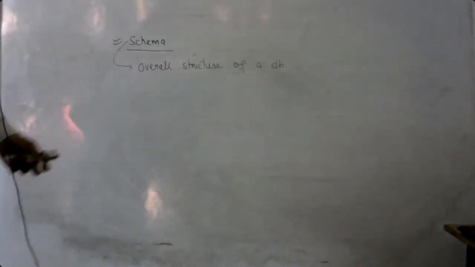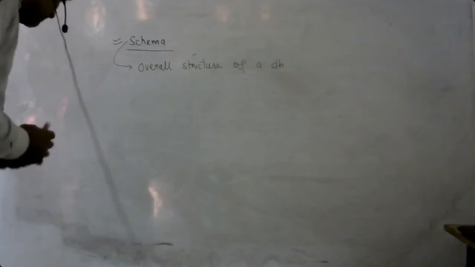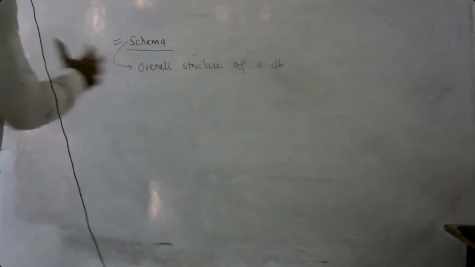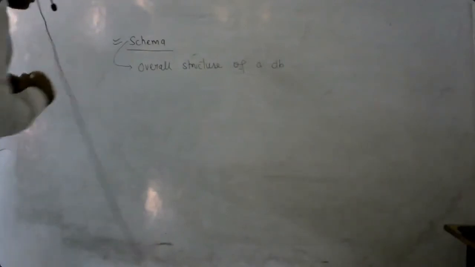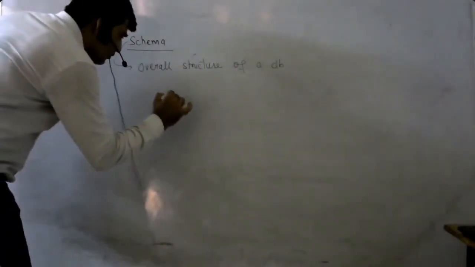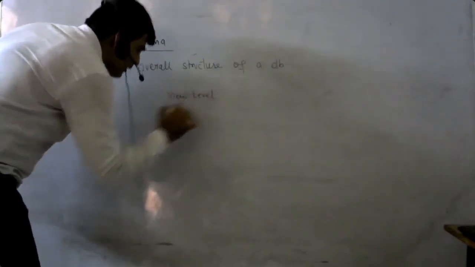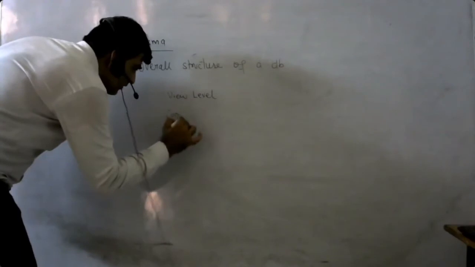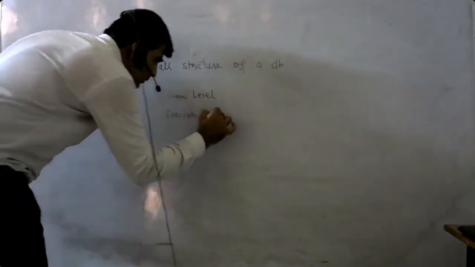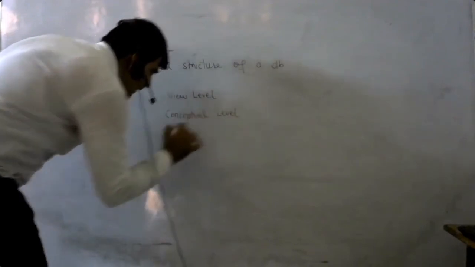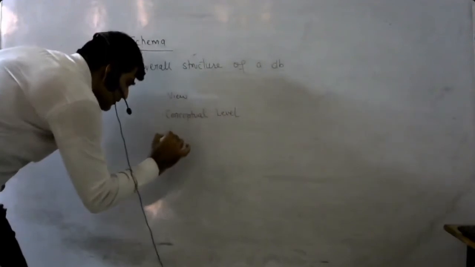And schema can be seen in 3 ways. When we talk about the schema, it can be categorized into 3 ways. First, view level, if you have heard about it. Second one is conceptual level. And the last one is physical level.